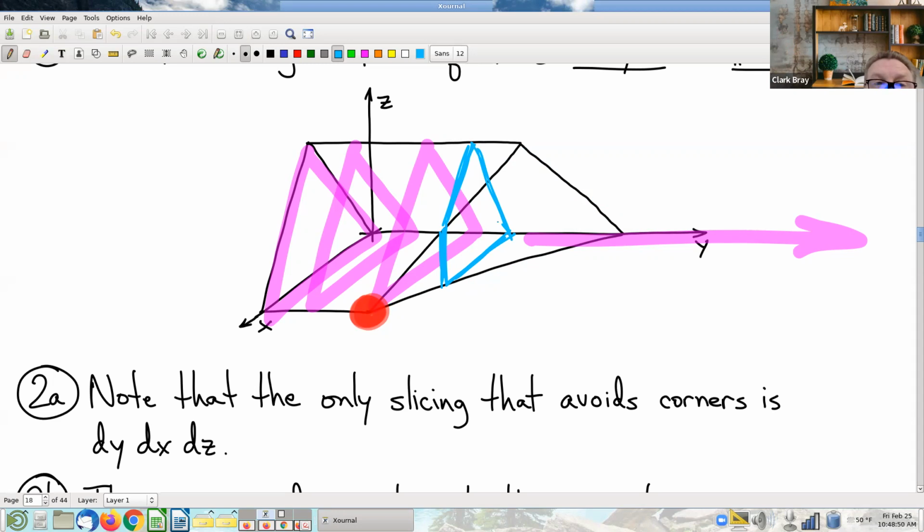And then, by the way, the bad news doesn't end there. Of course, I also will eventually hit this corner. So the worst option that we have would be to put y on the outside.